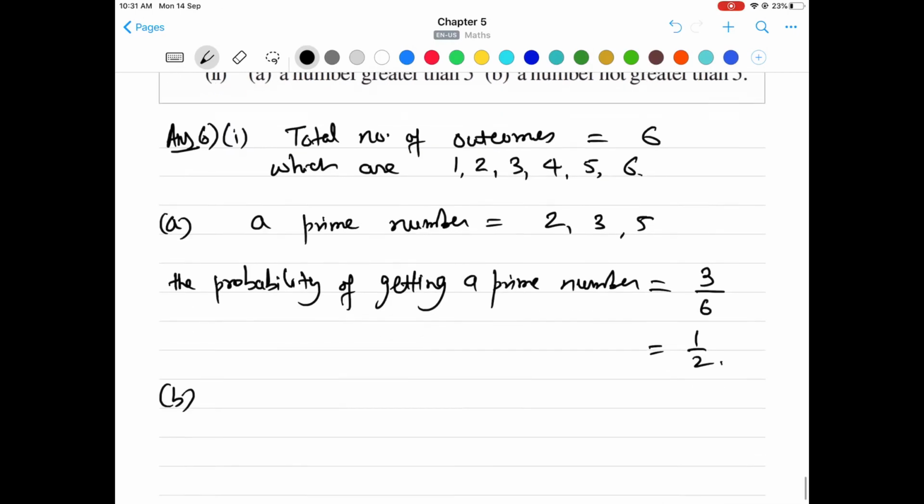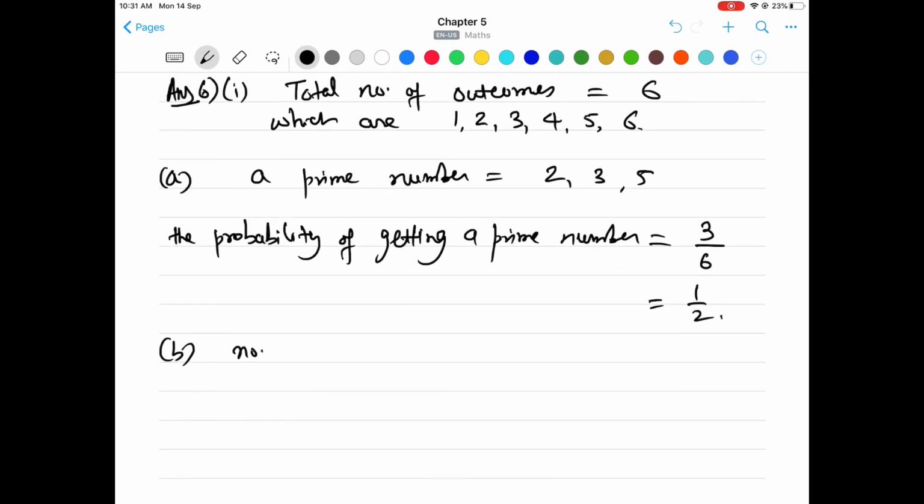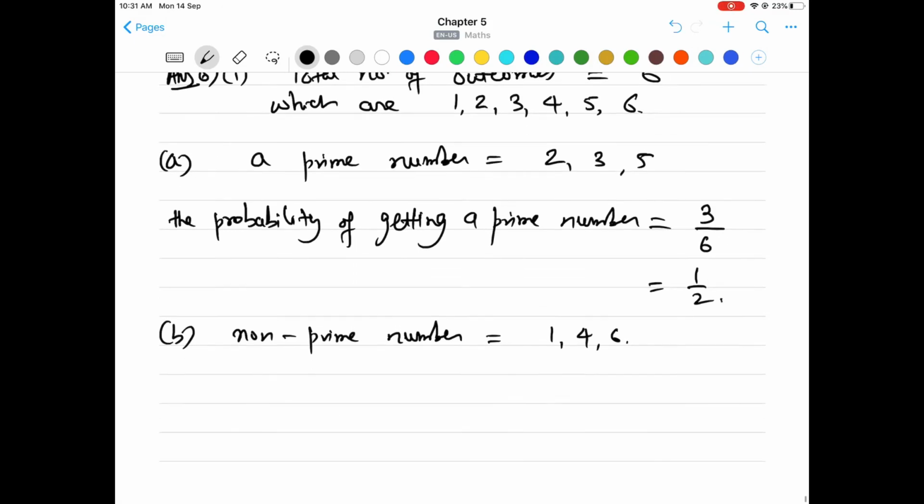Part B of this one is non-prime numbers. So we'll write non-prime numbers. Non-prime numbers are 1, 4 and 6.